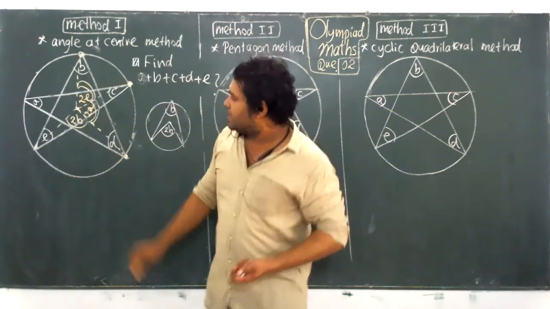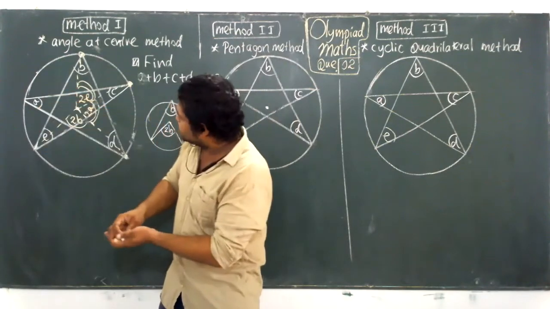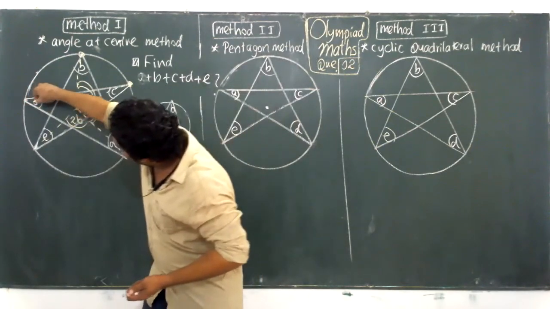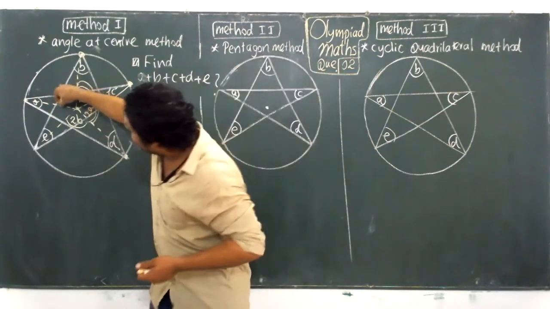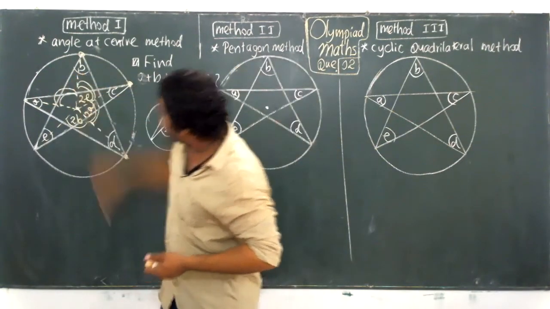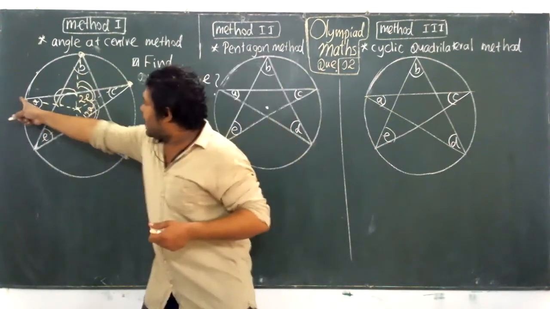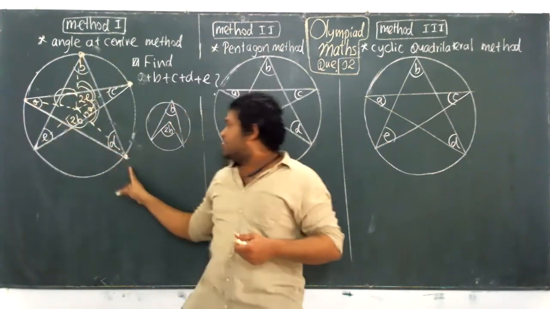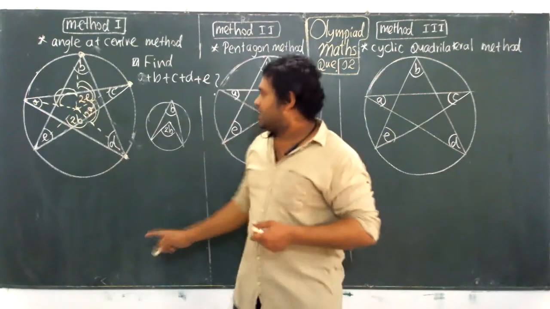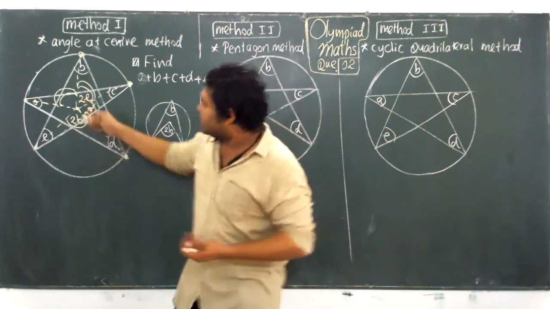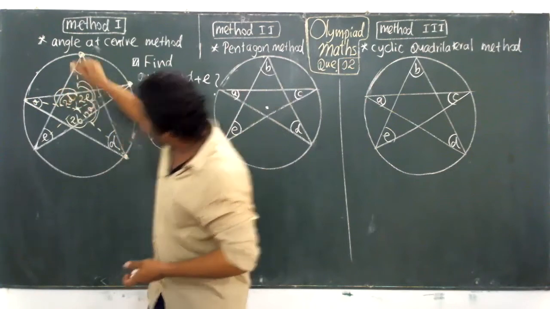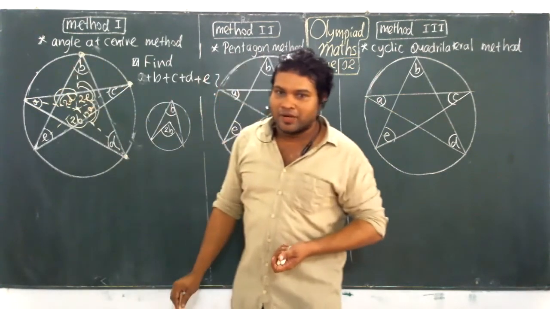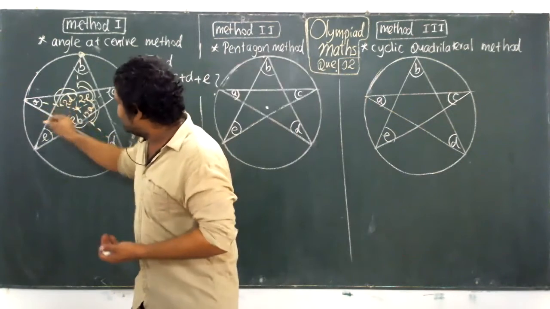And further, if I draw this remaining line, this will be another angle at the center, and this is the angle at the circumference. Therefore, for D, there should be 2D.